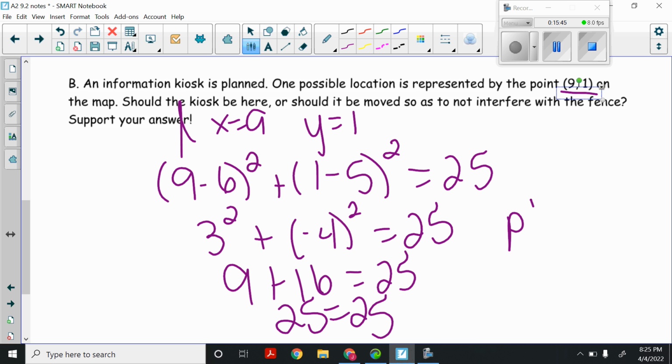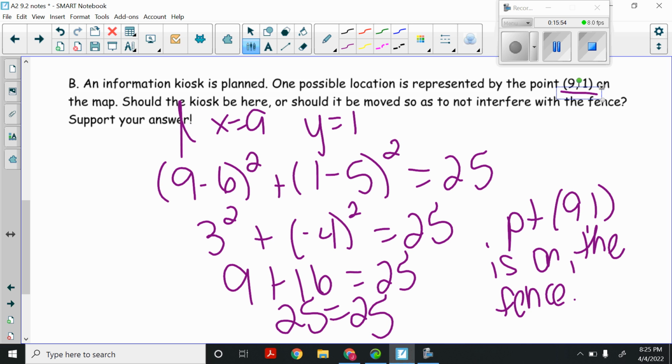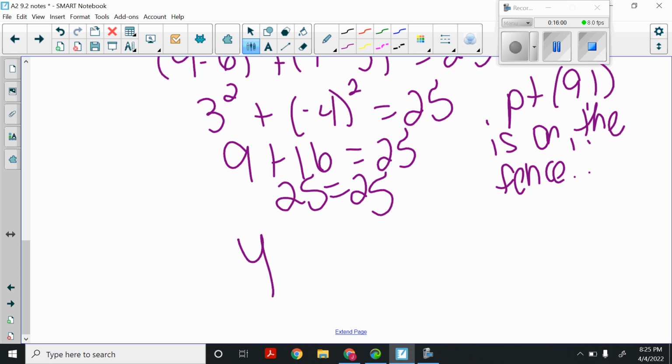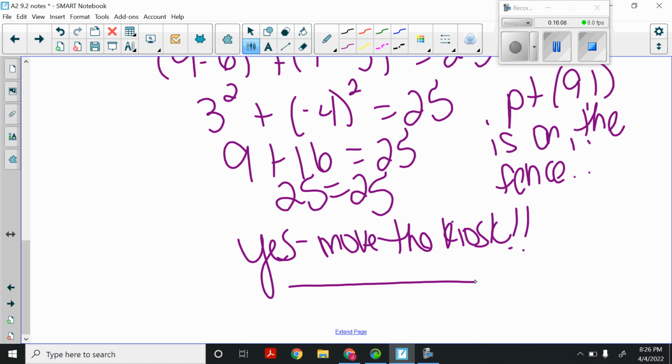So the point (9, 1) is on the circle, or on the fence in this case. We don't want the kiosk to be on the fence. So should we move the kiosk? Yes, we should move the kiosk so that it is not on the fence. We would want to move it inside of that.